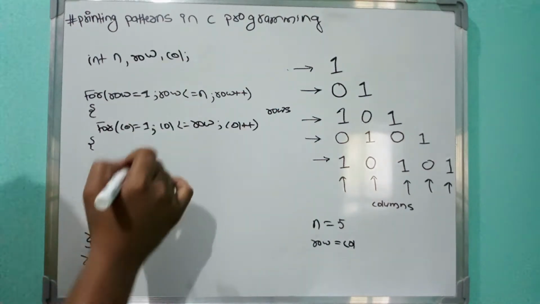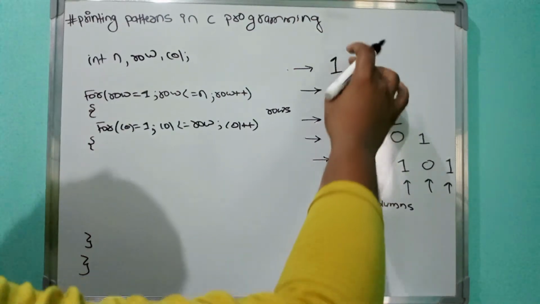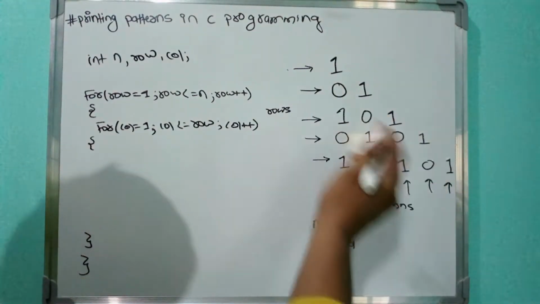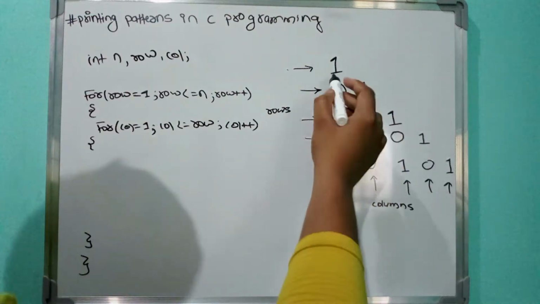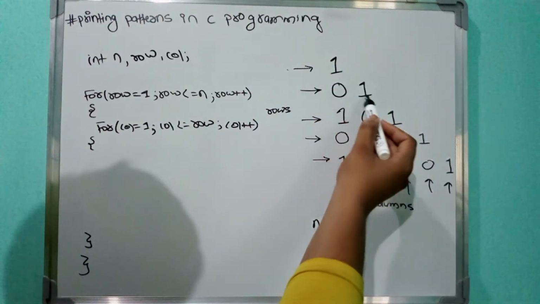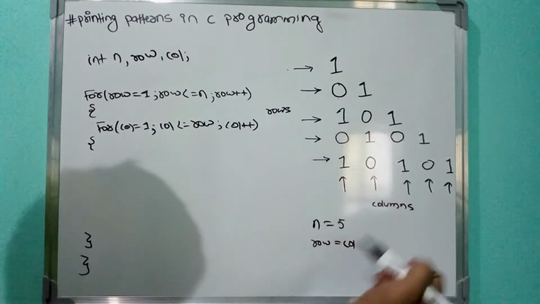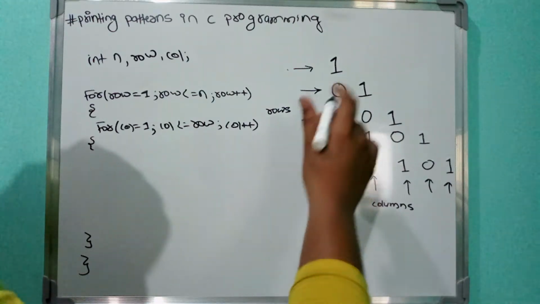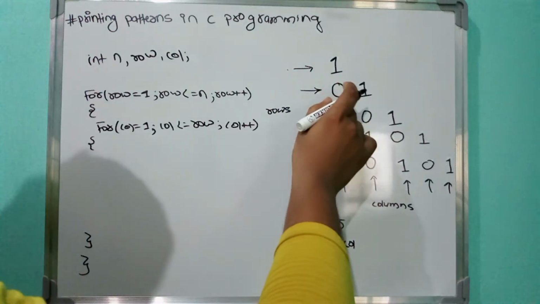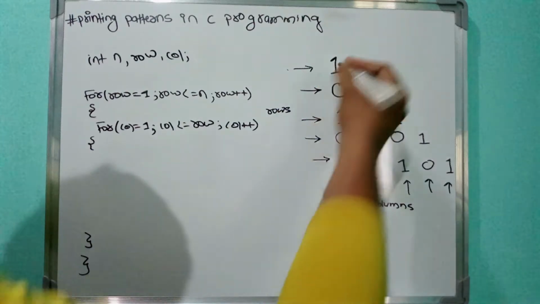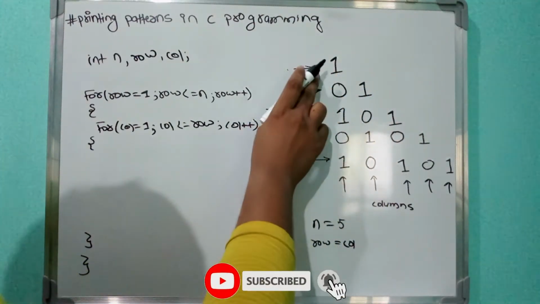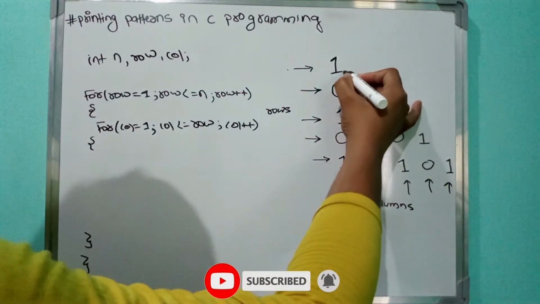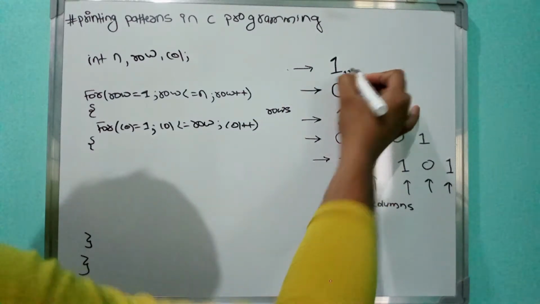Now here comes the problem. We know the positions at which we are printing the characters, but how do we know at which position we have to print 1 and at which position we have to print 0? This is the tricky problem. So for the solution, for simplicity, I am writing the address of each position. This one is at row 1 and column 1.